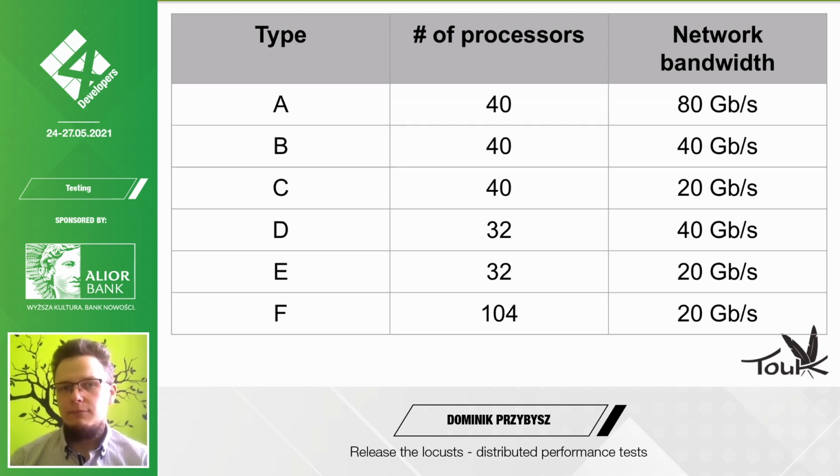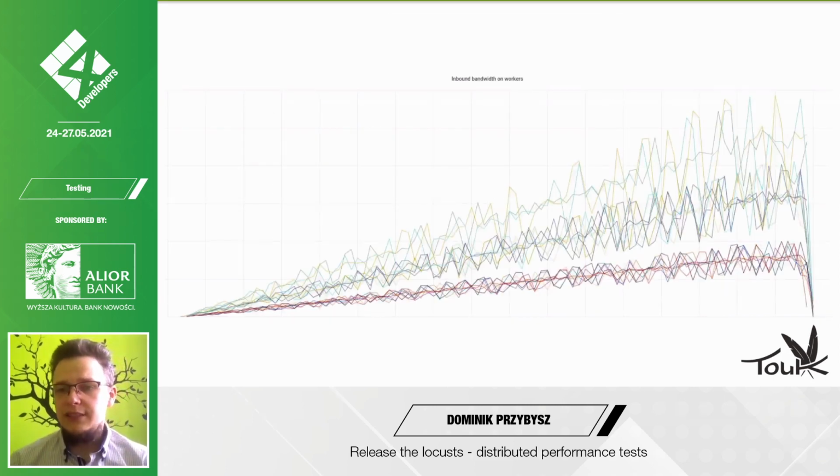The number of processors in nearly every machine was quite the same, except one machine, but the network bandwidth was from 20 gigabits per second to 80 gigabits per second available on each machine. And based on that, we wanted to distribute the workload amongst those machines and use most of the resources available on each machine.